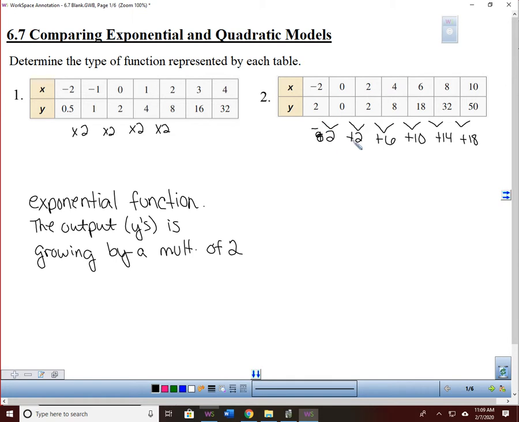All right, so now I look at this and I say, okay, to get from -2 to 2, I would have to add 4. To get from 2 to 6, I would have to add 4. 6 to 10, add 4. 10 to 14, add 4. 14 to 18, add 4. So I see that these are my first differences. All right, those are not the same, but my second differences are.